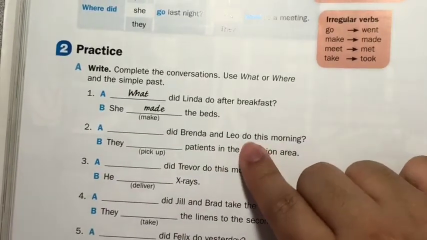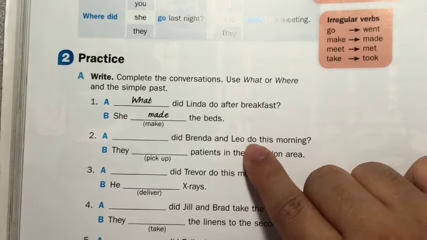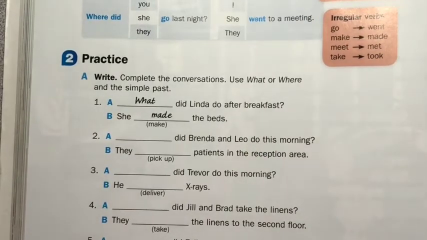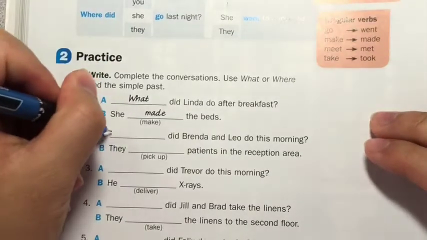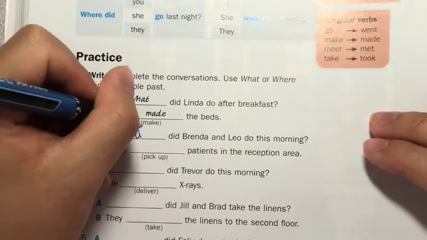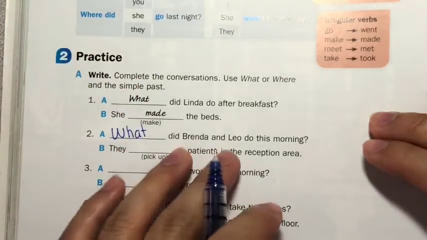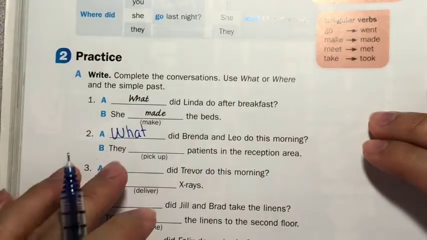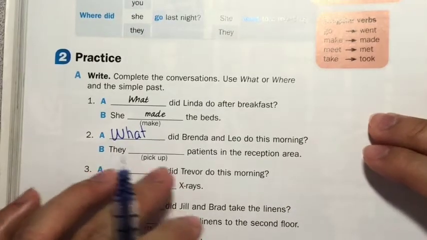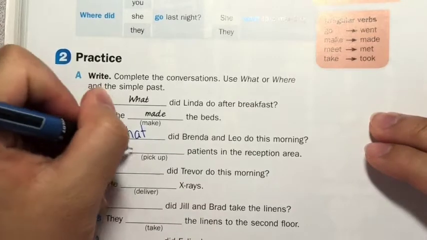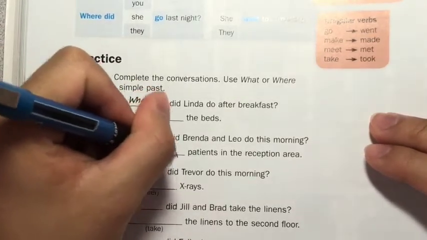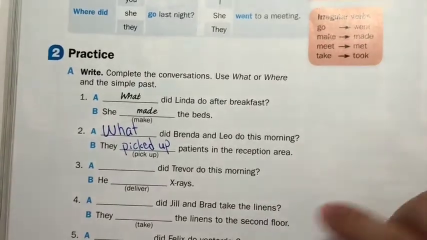Again, because of the word do, we're asking something they do this morning, so we use the word what. What did Brenda and Leo do this morning? They, and now we write the verb pick up in past tense. They picked up patients in the reception area.